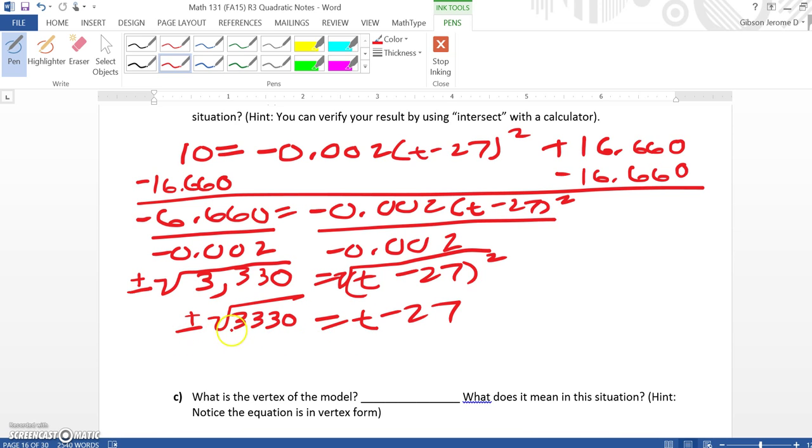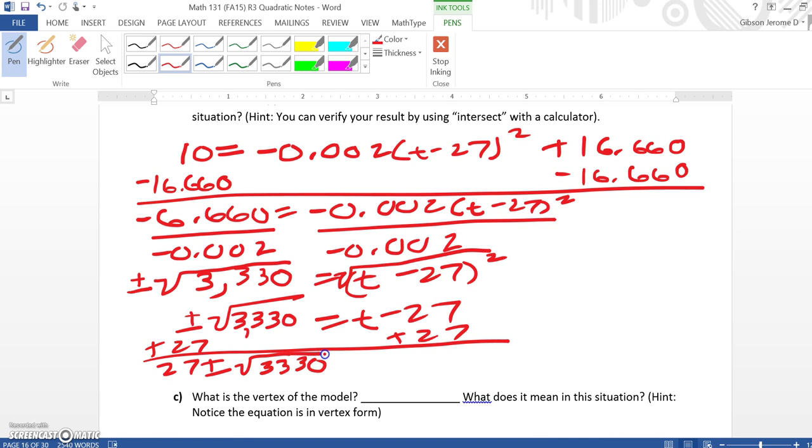Now, we would have to add 27 on both sides. So now when we add 27 on both sides, that'll give us 27 plus or minus the square root of 3,330. And that will equal T.